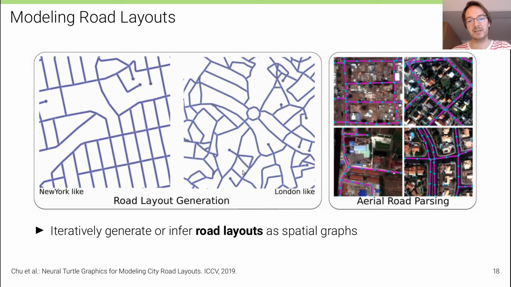This is a model that has been trained on London, and you get London-like street patterns. And these are examples where there's also an input condition, and then the model is producing a street layout that corresponds to that bird's eye view image that is shown here. This is very useful for automatically mapping new regions, new areas that haven't been mapped before, or that undergo changes due to construction maybe.